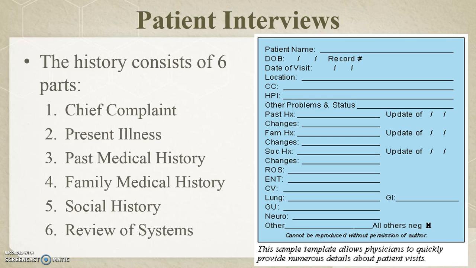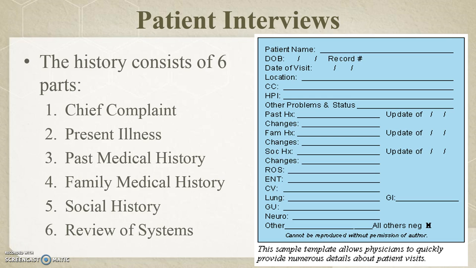Past medical history. So this part of the history includes any diseases or medical conditions that the patient has experienced in the past or has been diagnosed with in the past. The family history is a record of any health problems of the patient's blood relations.